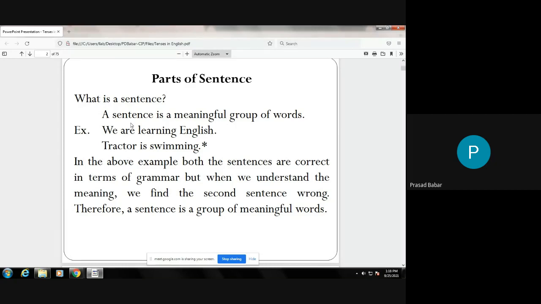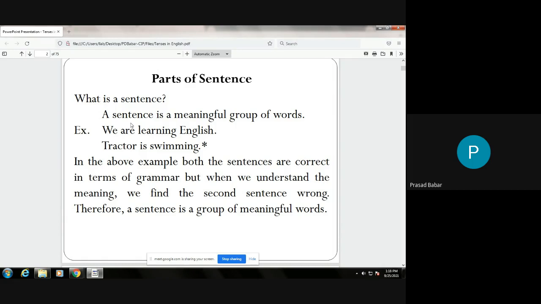A sentence is a meaningful group of words. Okay, so to form or construct a sentence, we need a meaningful group of words arranged in a meaningful manner to form a meaningful sentence.